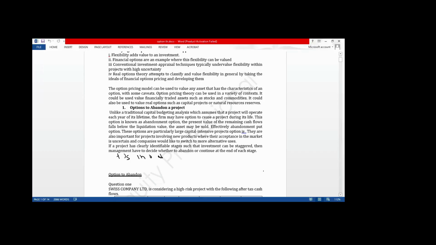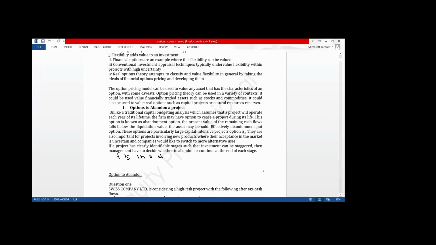That is the assumption with the computation of net present value. A project commences in year 0. The project will run for year 1, year 2, year 3, year 4, up to the final year of the project. That is the assumption for the calculation of the net present value.